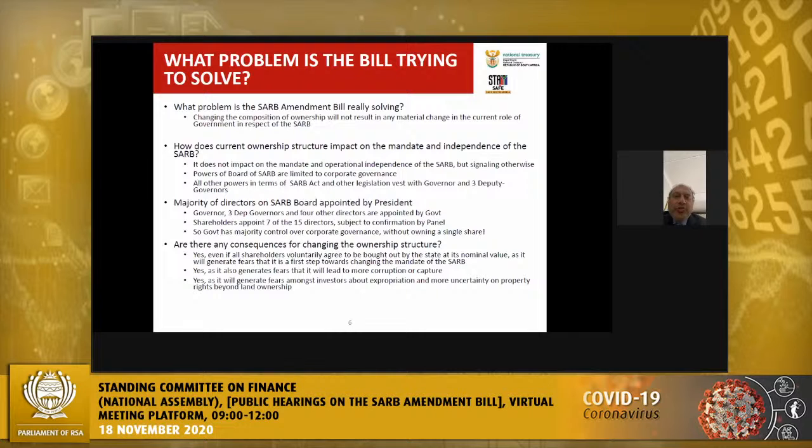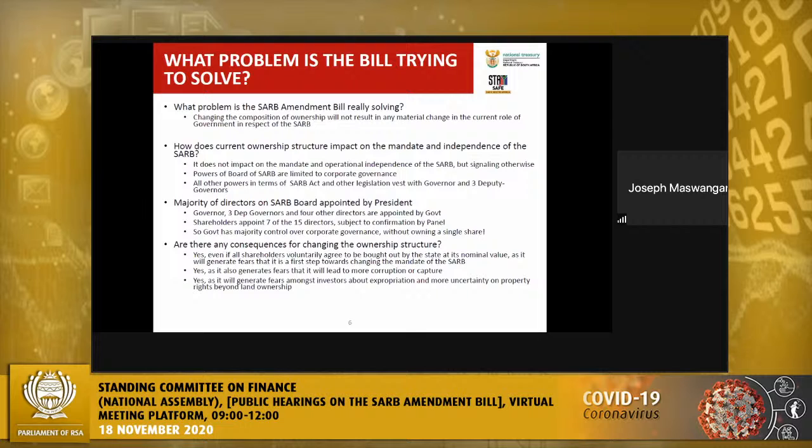So I guess the question for us is, what problem does it really solve at this stage? Because changing the composition of ownership will not result in any material change in the current role of government in respect of the SARB. I think, contrary to any perception, the government is in full control on the policy issues, and the SARB is in control of that more directly.